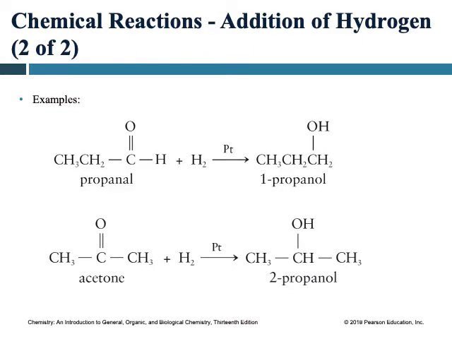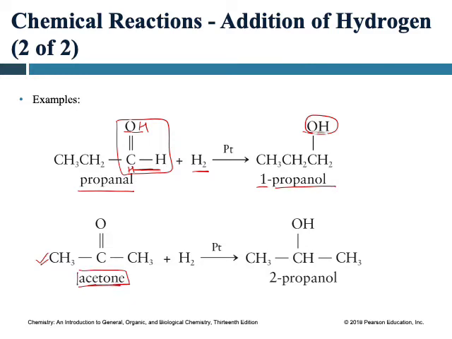So let's take a couple of examples of this reduction of aldehyde and ketone. This is propanal with an aldehyde group. When you add hydrogen, what should be the product? It should be an alcohol, and the alcohol will be primary alcohol because this is an aldehyde. Put one hydrogen over here, put another hydrogen over here, then you will get OH group. The name will be 1-propanol, and this is a primary alcohol. This is a ketone. This is propanone, common name acetone.